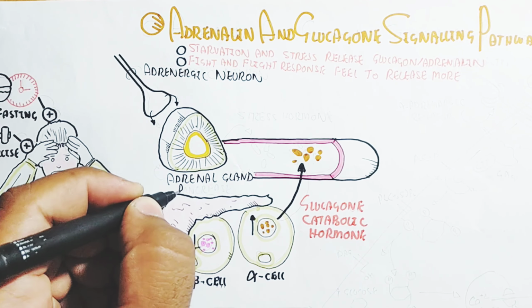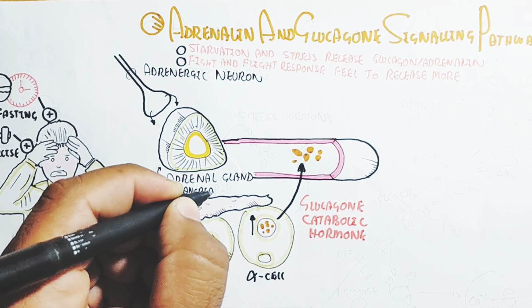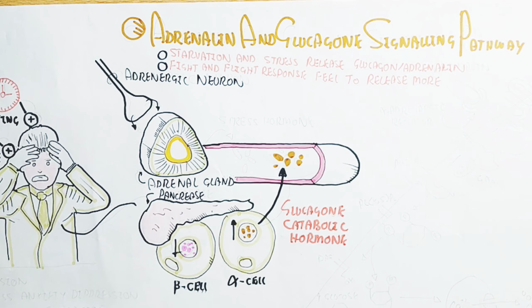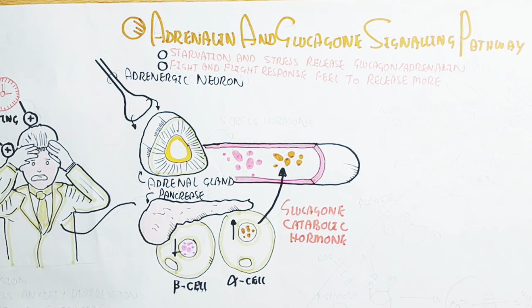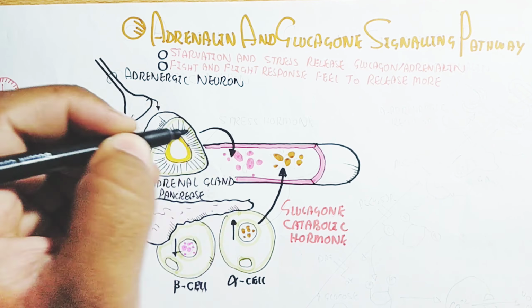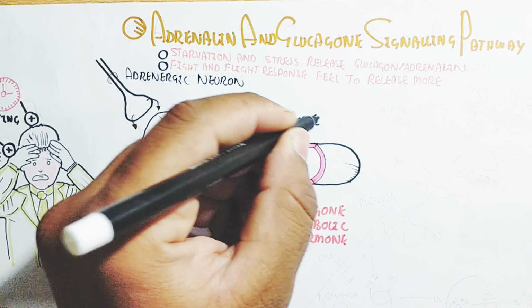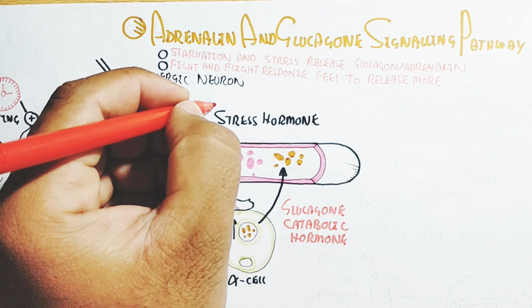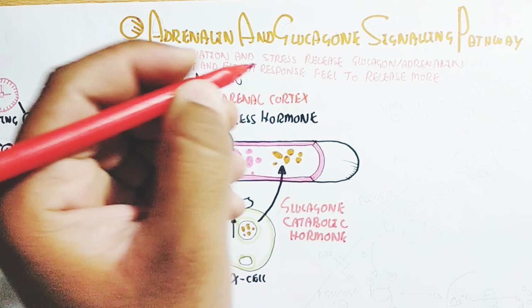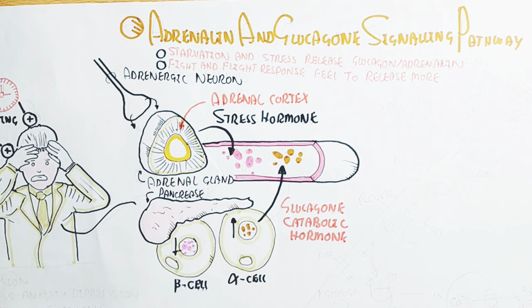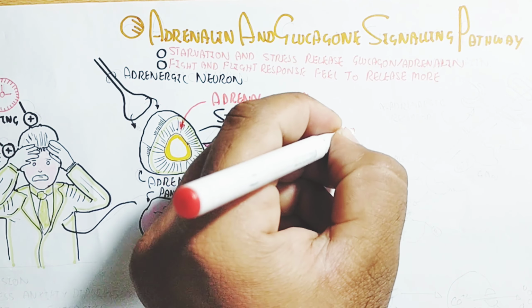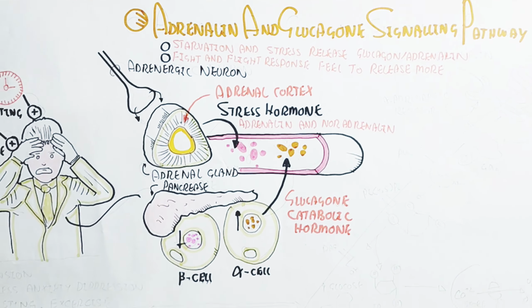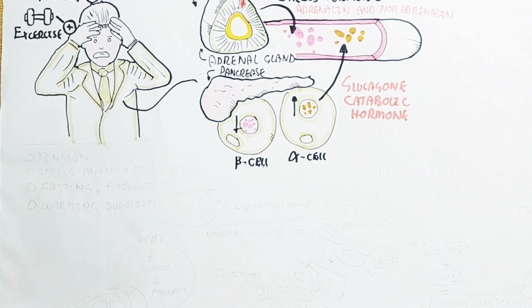On the other hand, the adrenergic neuron is stimulated by the sympathetic nervous system in the adrenal gland, which contains the medulla and adrenal cortex, to release the stress hormone adrenaline as well as noradrenaline. But in this video, we will understand only adrenaline. The adrenal cortex is responsible for the production of adrenaline and noradrenaline, while the medulla produces the cortisol hormone, which also functions the same but regulates the immune system.